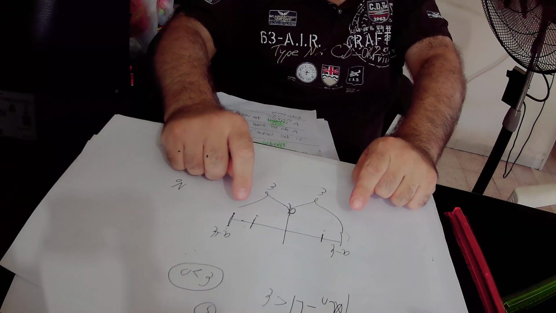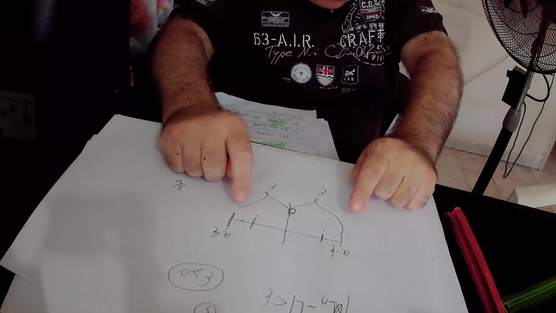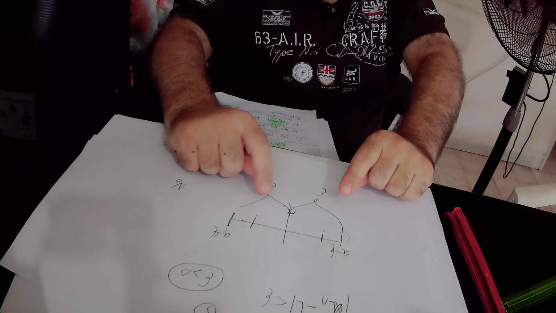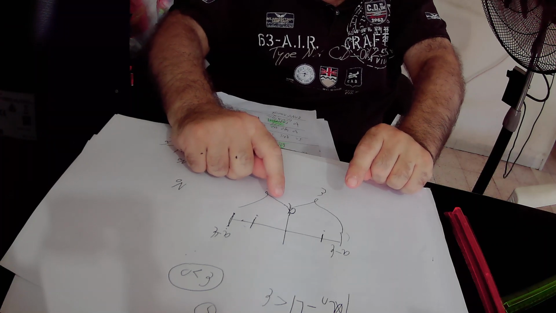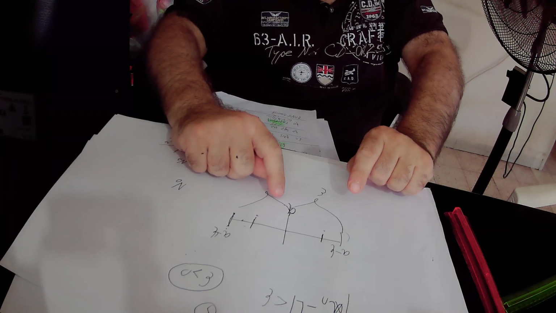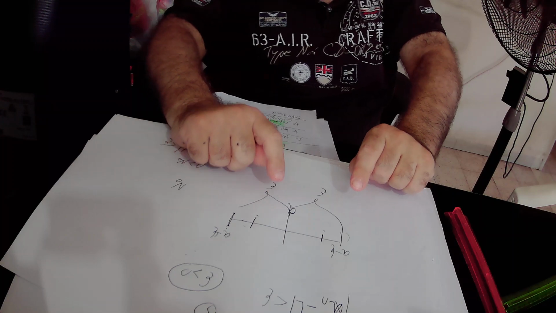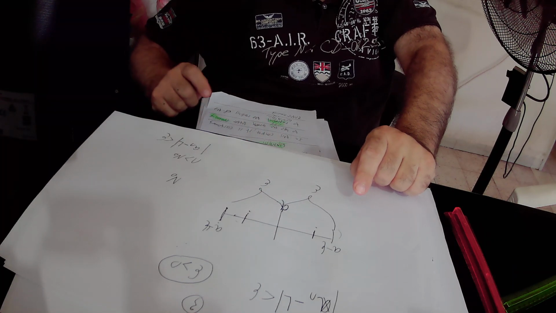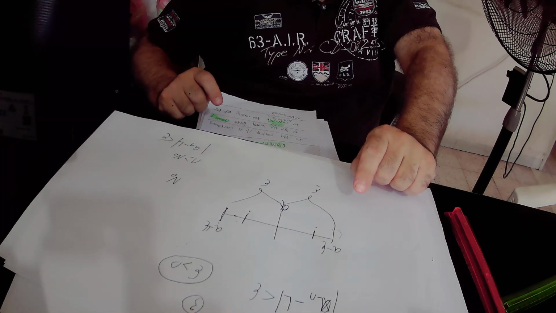That is to say, infinite members of the sequence are located in the vicinity of A. And that is the reason that A is the limit of the sequence AN. Okay?